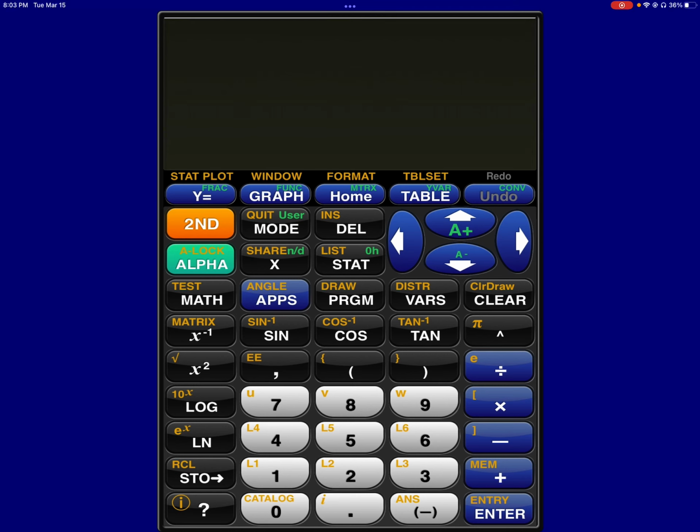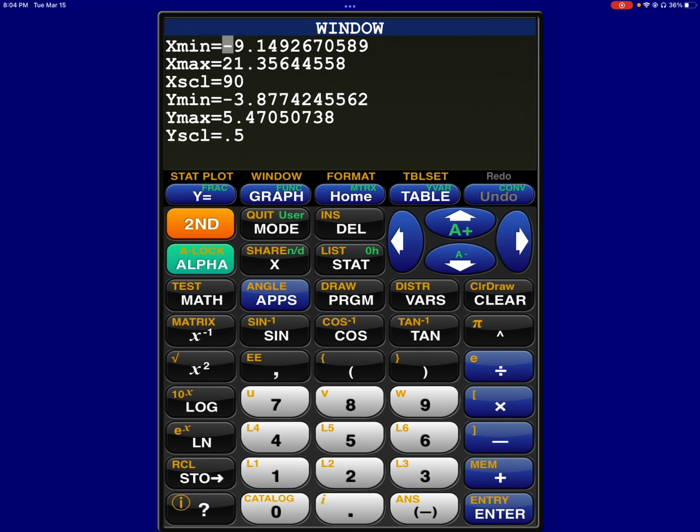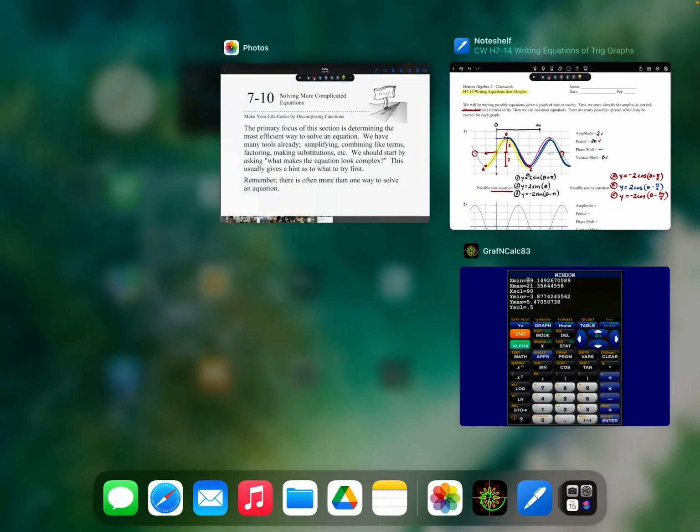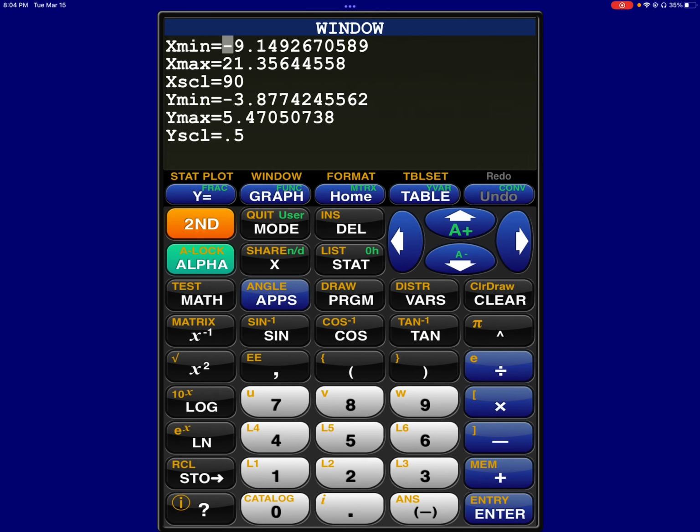So let's type that in here. We're going to go into our window, and our x min, which I already forgot, was negative pi. So just type that in. We'll clear this out. Our x max, we said, was 3 pi. So you just type that in. It'll turn into a decimal, and that's okay.